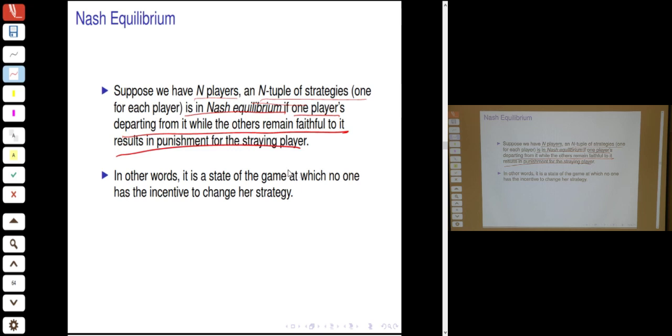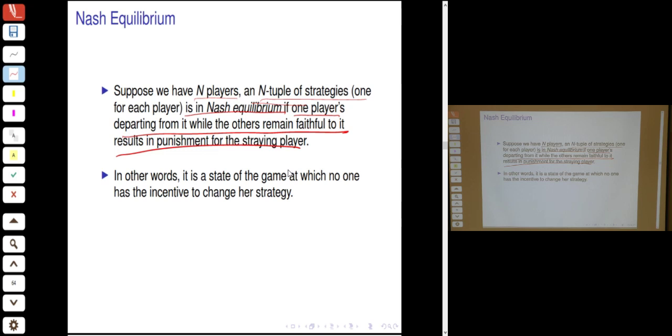So a collection of strategies, or a strategy profile, is said to be a Nash equilibrium if the following happens. Suppose we are all playing a game and you stick to your respective strategies which give the Nash equilibrium, while I venture to deviate from the original strategy. Then I stand to lose.